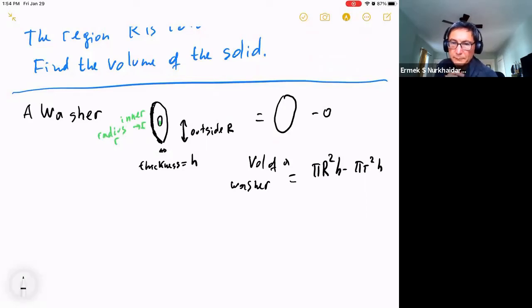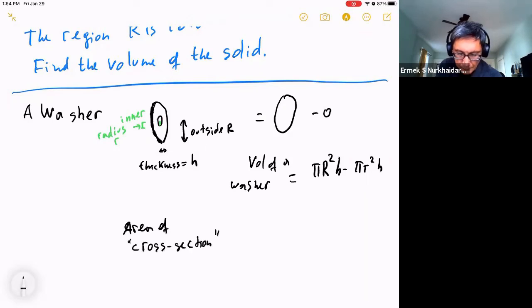That's the first comment. And second, also area of cross section in this case is going to be pi capital R squared minus pi little r squared.